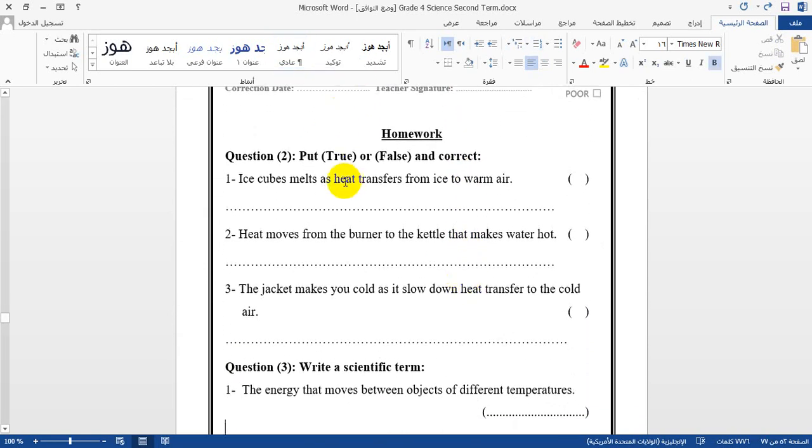Question number 2. Put true or false and correct. 1. Ice cubes melt as heat transfers from ice to warm air. Is this one true or false, guys? It's false. Who can tell me why it's false? Because ice cubes melt as heat transfers from warm air to the ice.